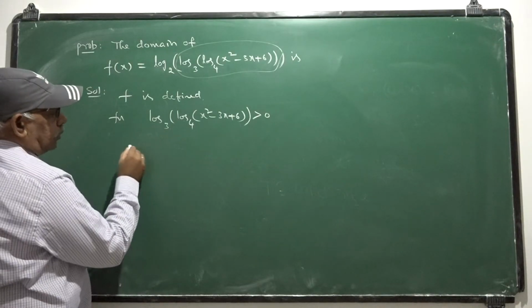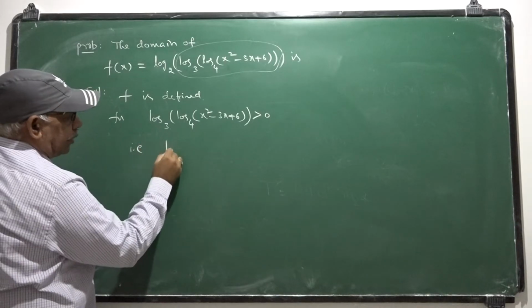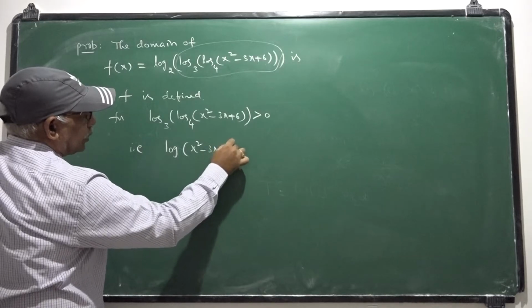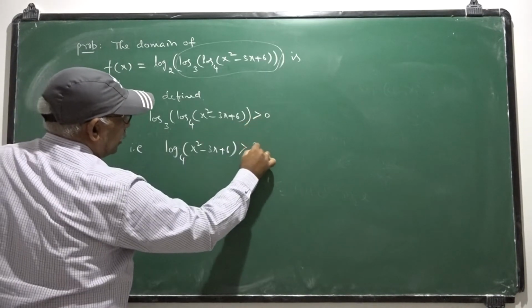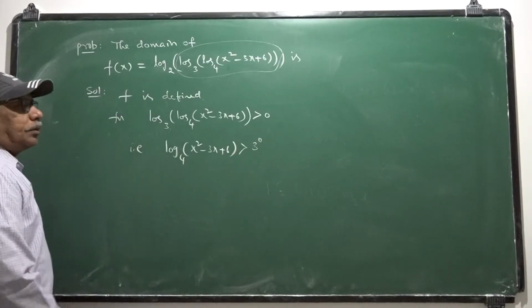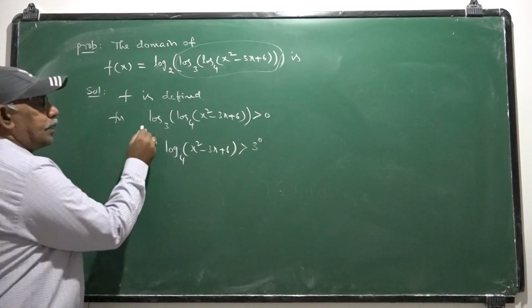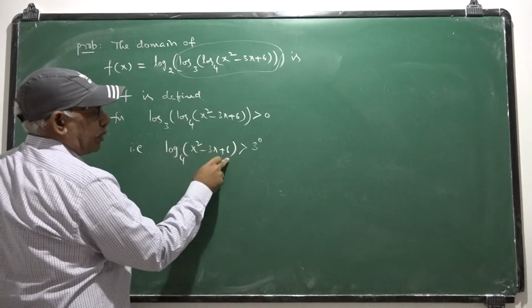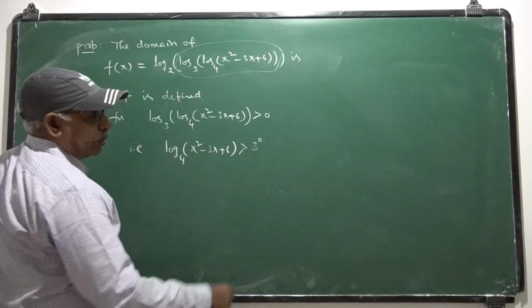So, on removing this logarithm, we get log of x square minus 3x plus 6 to the base 4 is greater than 3 power 0, that is 1.